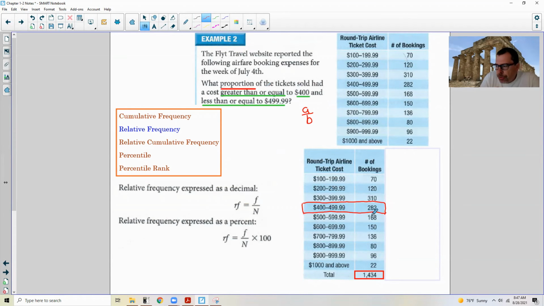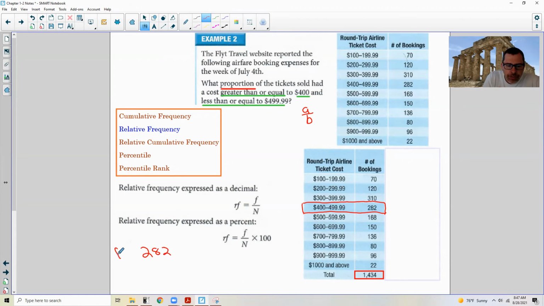We're going to take 282 and divide it by the total. So 400 to 499 is 282.